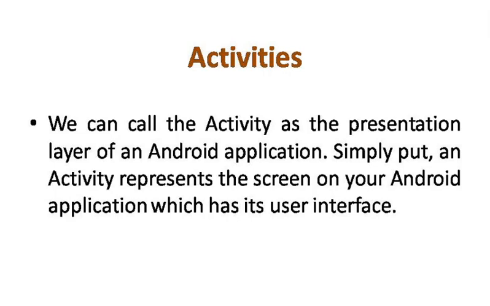That window is simply an activity. It has its own life cycle, like creation, stopping, updating and deleting. This is the main part of any Android application, and it has its own defined user interface.